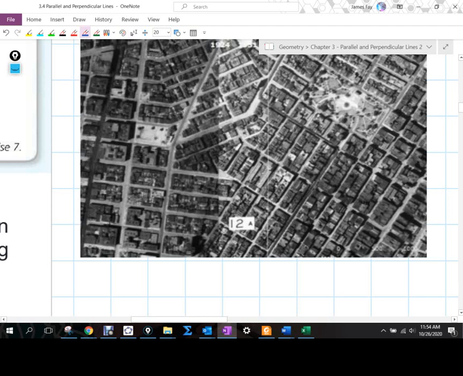If you look at the streets here, that street right there is parallel to that street there, parallel to that street there, right? Any one of those streets that I choose, any two of them are going to be parallel. Does that make sense to everybody?